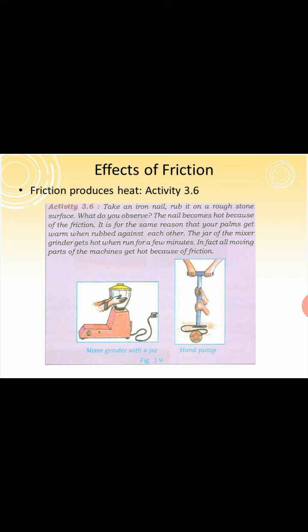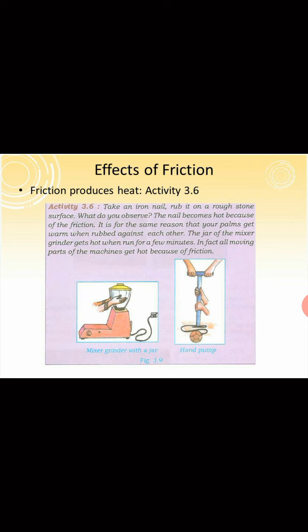One more effect of friction is that it produces heat. Let us see a few examples of this. If you take an iron nail and rub it on a rough stone for a few minutes, you will observe that after some time the nail becomes hot. A nail is made of metal, and metals are good conductors of heat.